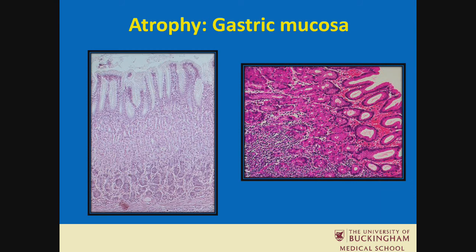In gastric body mucosa there are a lot of chief cells and parietal cells, the specialized epithelium. Parietal cells produce acid, chief cells produce pepsin. In autoimmune gastritis, you can see there are a lot of lymphocytes, and in that area the specialized glands are all destroyed, or gastric atrophy happens.